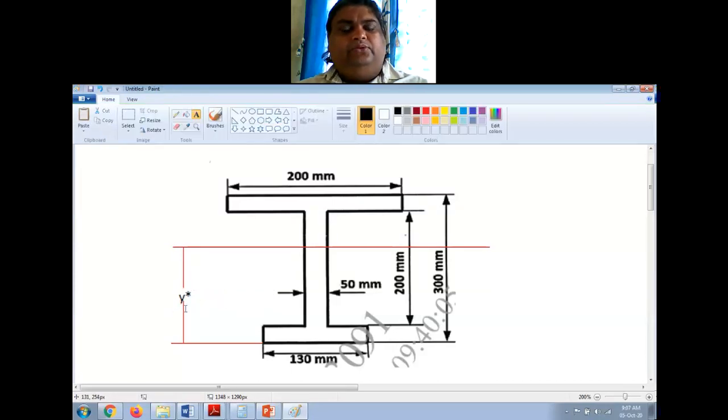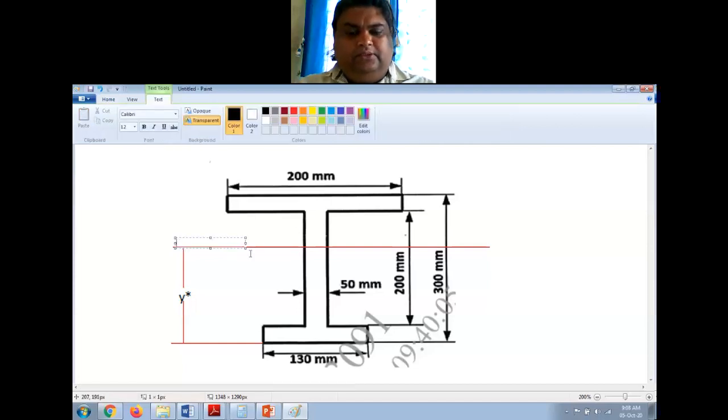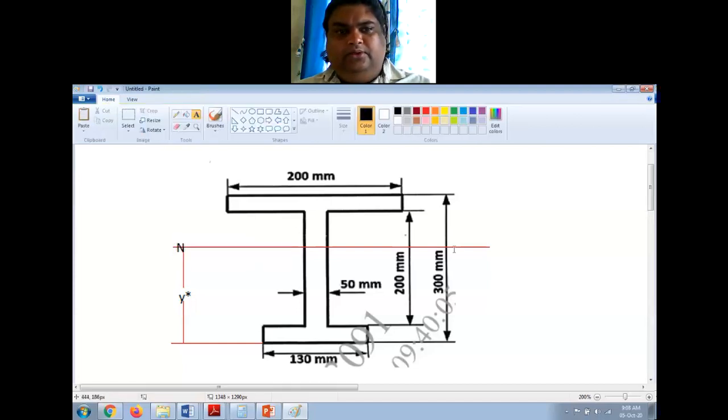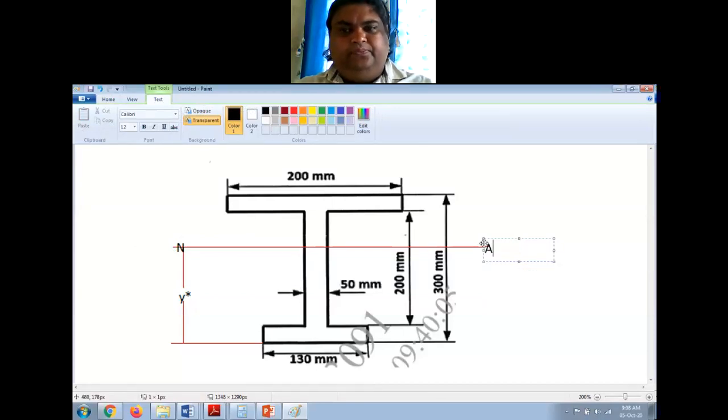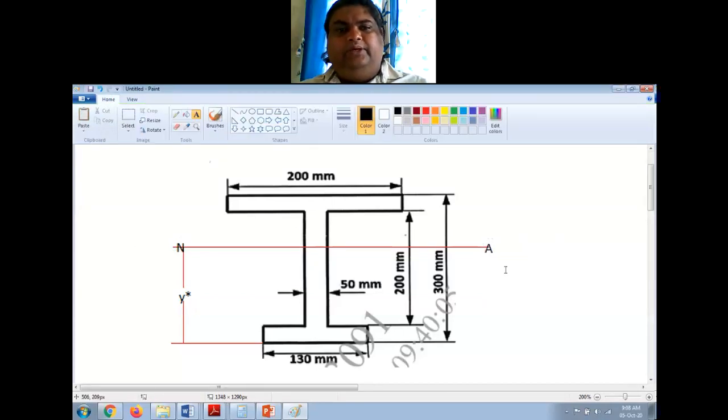Okay, so this is y star. Y star is the location of neutral axis from the bottommost fiber, and I will name this as neutral axis. Okay, so this is my neutral axis.